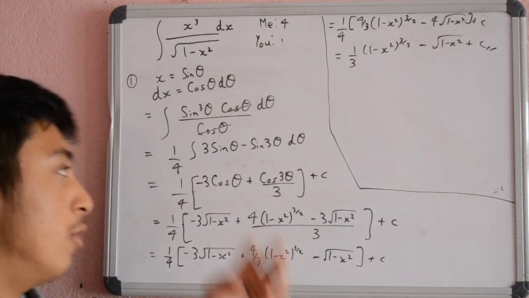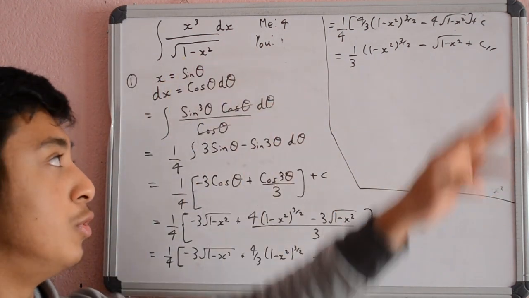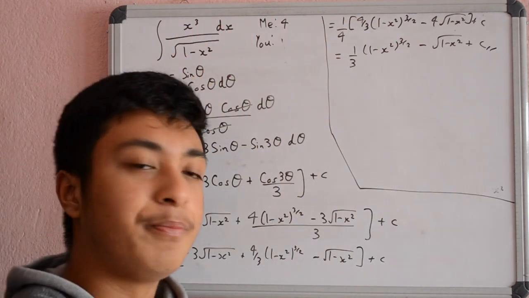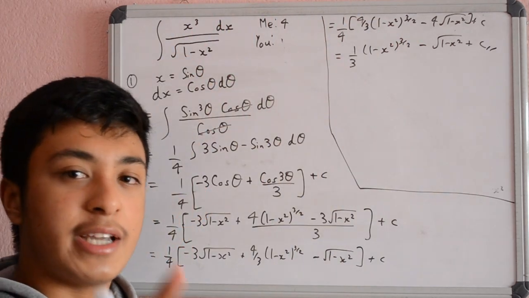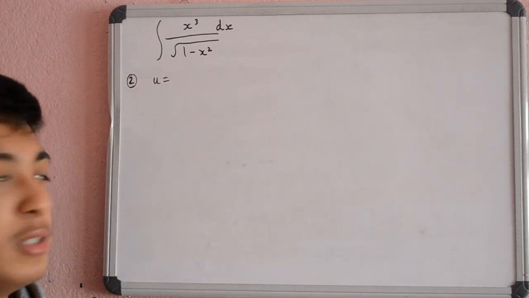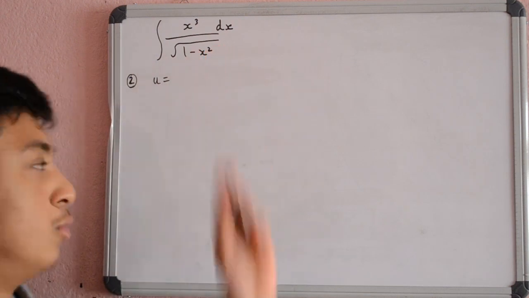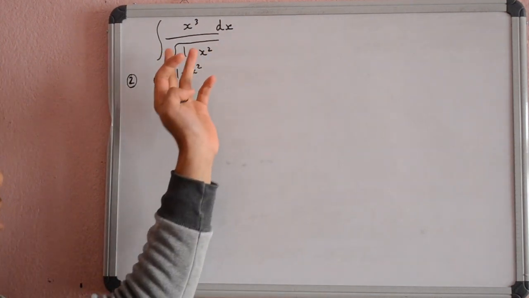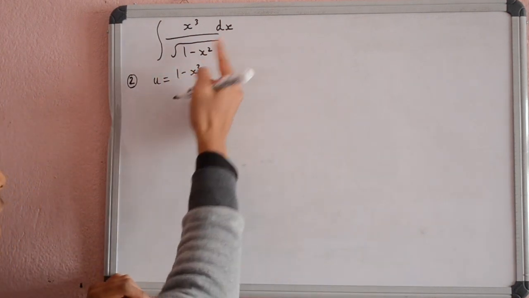And also for the other 3 methods as well, we should get the same answer because it came from the same integral. So let's start off with the second method. Let u equal the whole thing under this root, so 1 minus x squared. Now this will become root u, but we have to find dx.